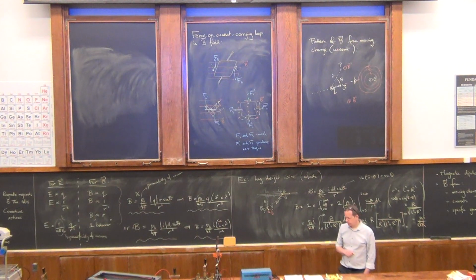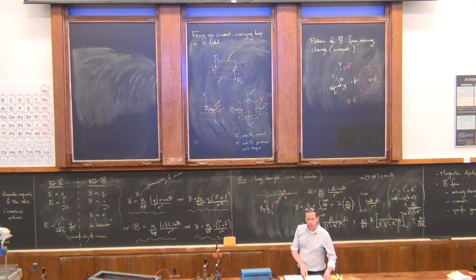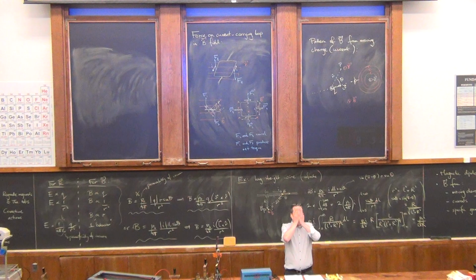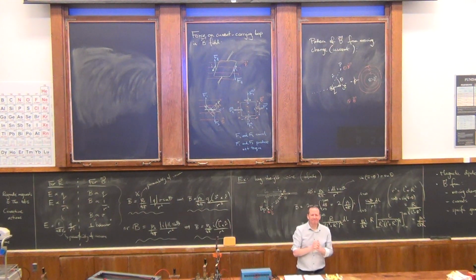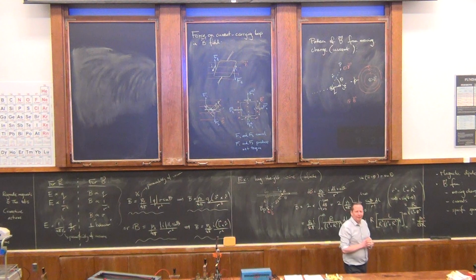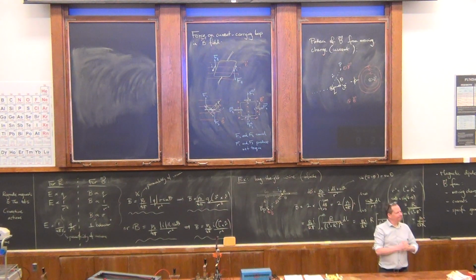For comparison, what was the answer for the E field again? Just side by side. It's certainly a 1 over r dependence. I don't know if that's as much as I remember. Okay. Is it like lambda? Yeah.